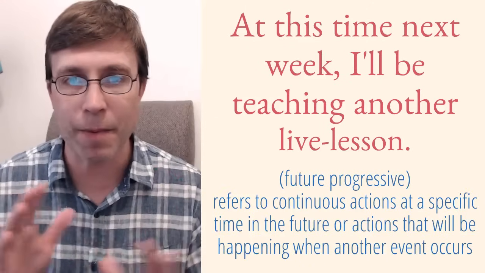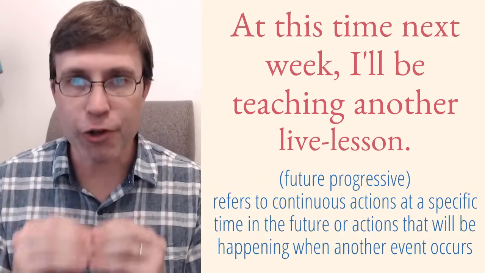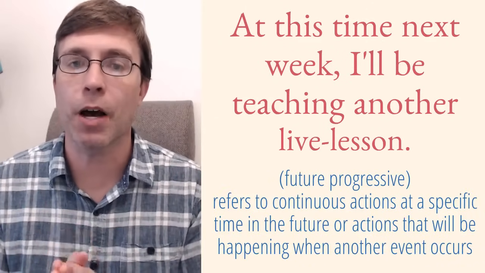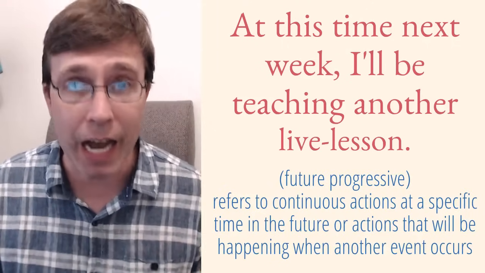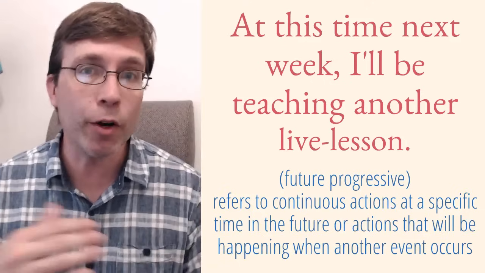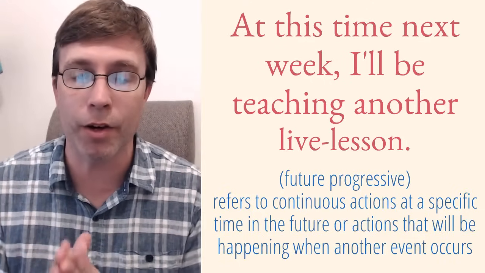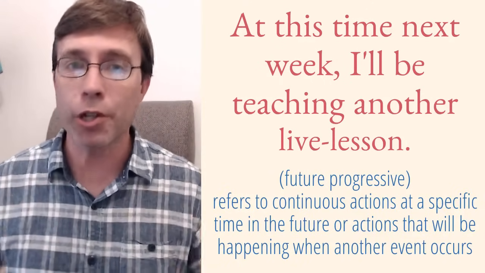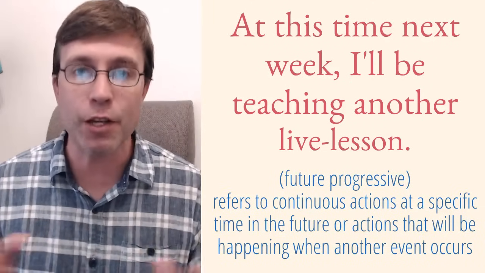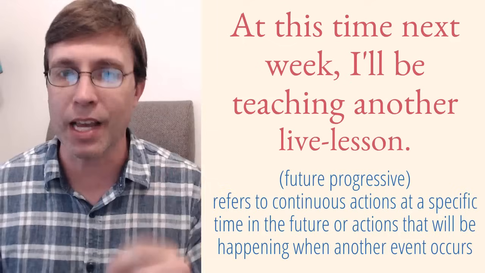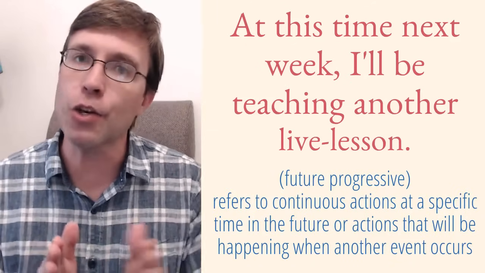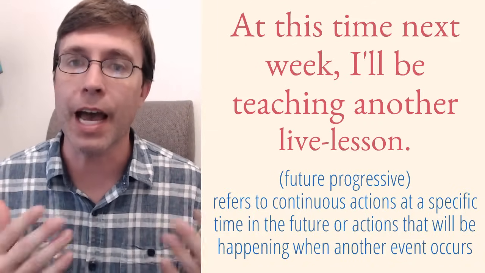So again, think about this. It's the future progressive. We're talking about a continuous action that happens at a specific time, or actions that will be happening when another event occurs. In this case, we're talking about a specific time. I'm giving you that time, at this time next week. All right? Same time, same place. What continuous action will be happening?